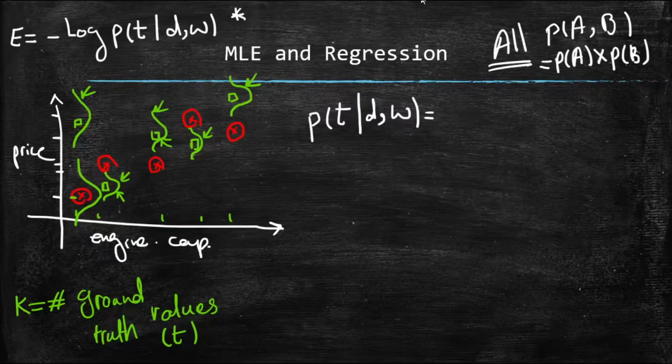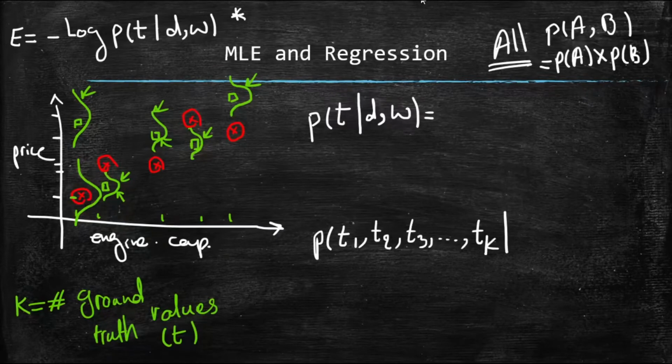What is the probability of observing ground truth 1, and the probability of observing ground truth 2, and ground truth 3, and so on, until the probability of observing ground truth K, which is the end of the line, given all my inputs, which is D1, D2, D3 until DK. I'm not going to write all that here, and all the parameters of my model. You could have thousands of weights in your neural network.